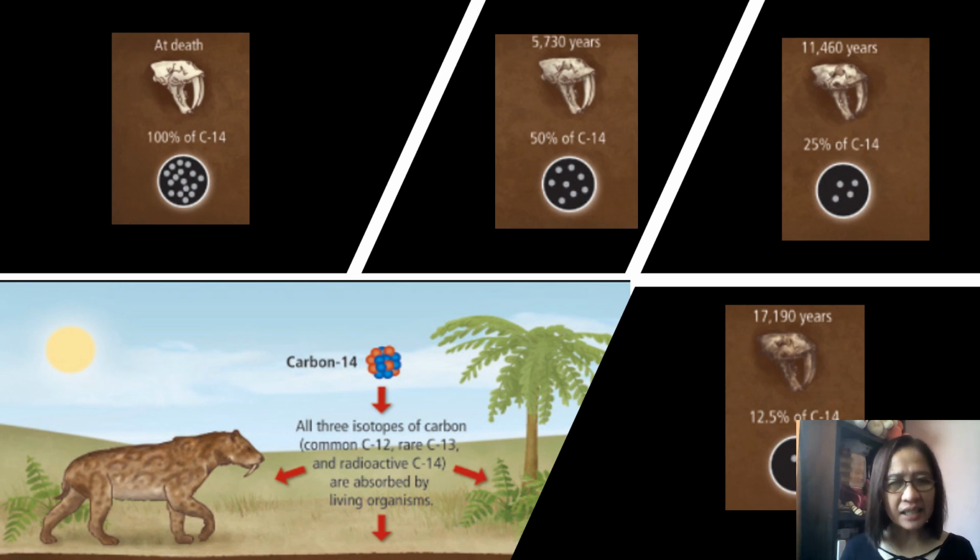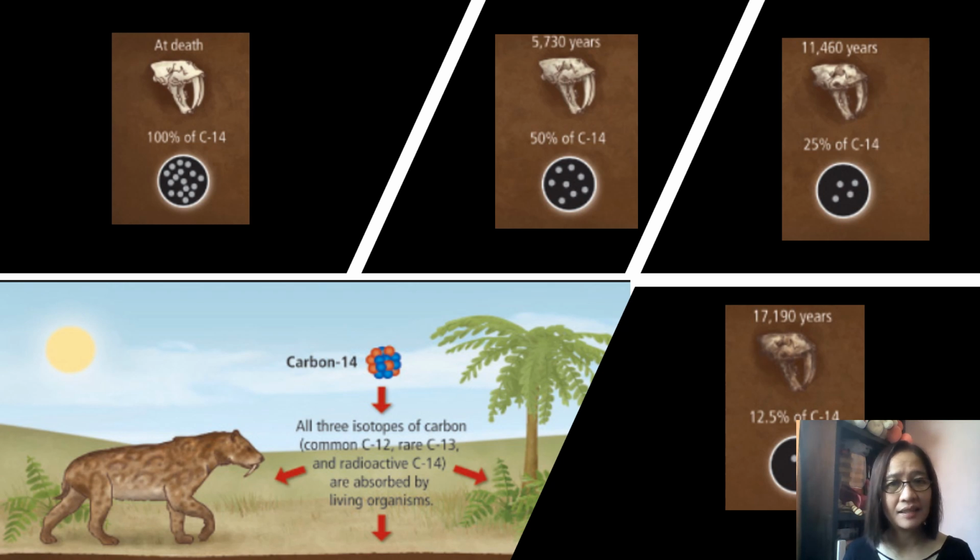So kung i-analyze natin yung kwento, 5,730 years lang nababawasan ng kalahati ang carbon-14 doon sa fossil. Kasi ang half-life ng carbon-14 is 5,730 years. So, paano po nagamit ni paleontologist yung carbon-14 na nasa fossil?